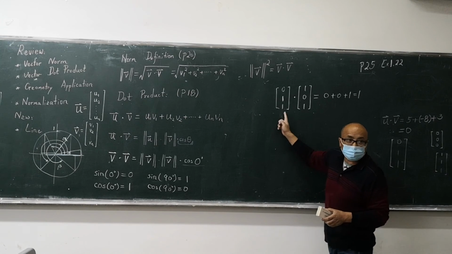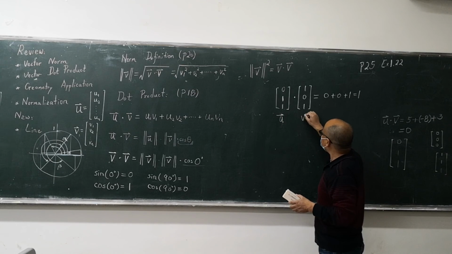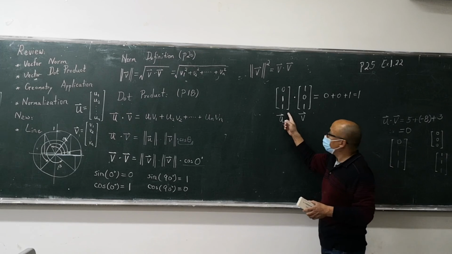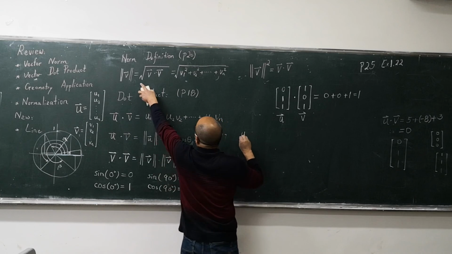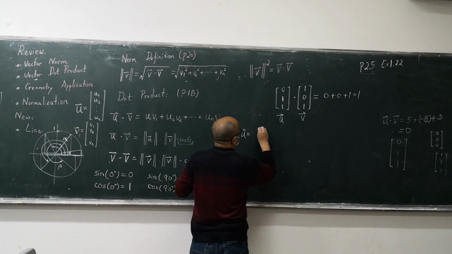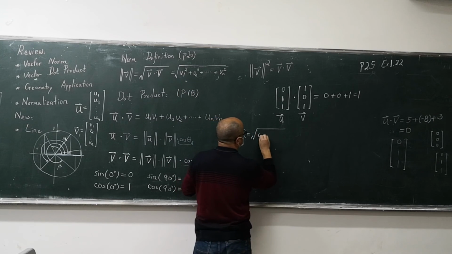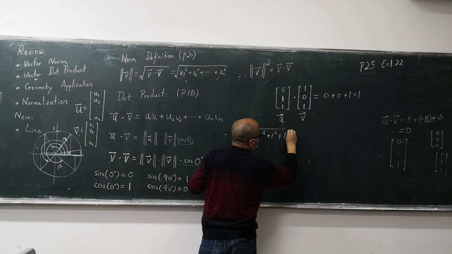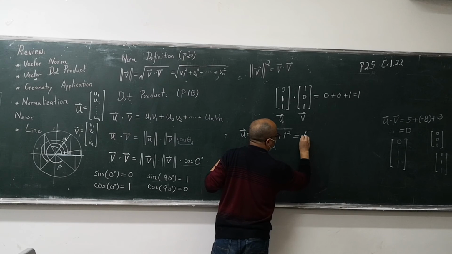What's its norm? Let's say this is U. This is V. What's its norm? I heard somebody say 1. 0 squared plus 1 squared plus 1 squared. Okay, so it's root 2.